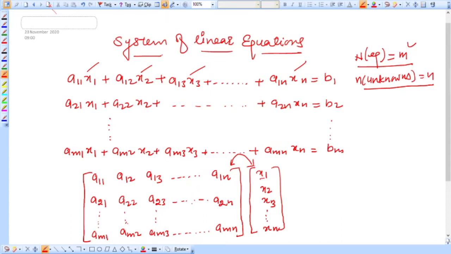It is equal to a column matrix again, b1, b2 up to bm. So this is the matrix representation of the given system of linear equations.